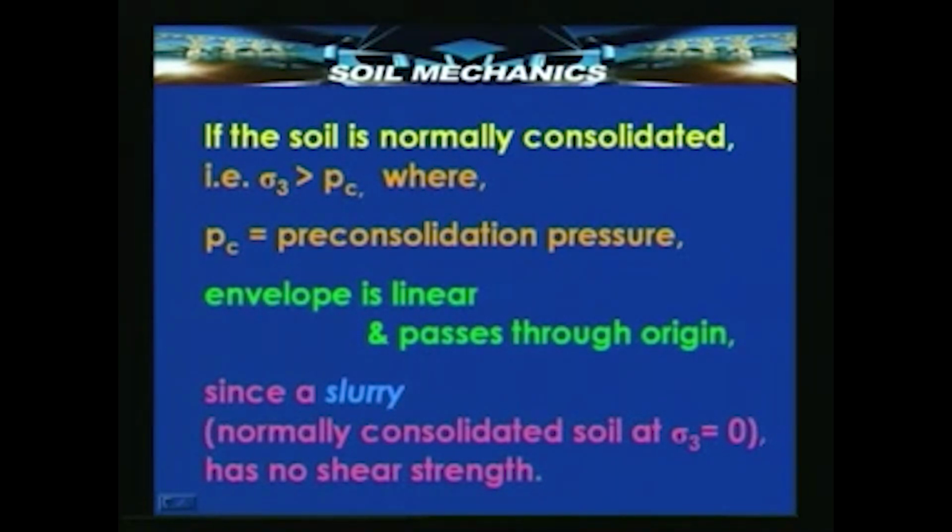A saturated soil with sigma 3 equal to 0 corresponds to a slurry, and a slurry does not have a shear strength, it is a liquid, and therefore at sigma 3 equal to 0 there will be no shear stress, no shear strength in a totally drained test. Therefore the envelope should pass through the origin.